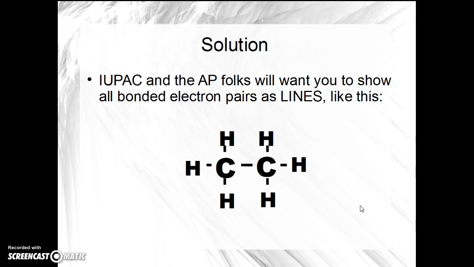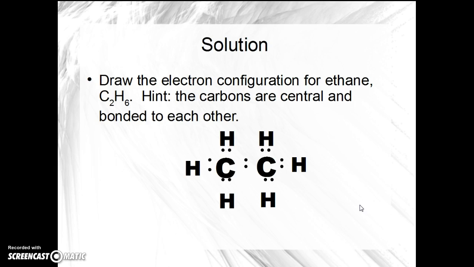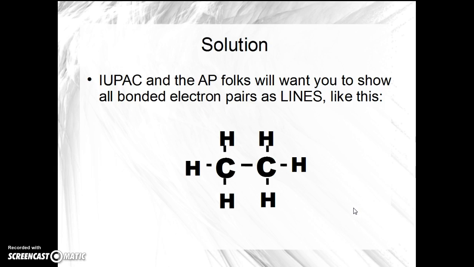IUPAC and AP folks prefer you to show bonded electron pairs as lines. So instead of what we saw in the previous slide, the electron pair, we will show a clear bond with lines.